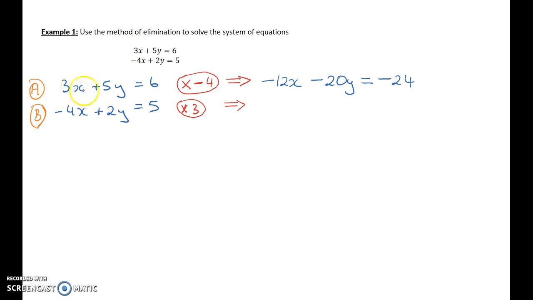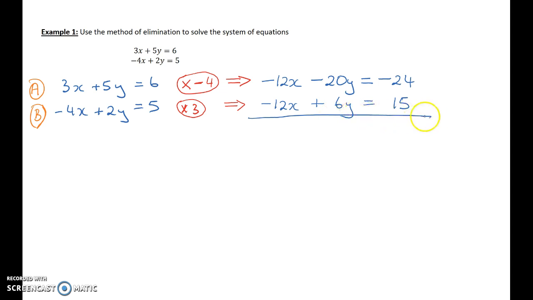The top line by negative 4, the bottom line by 3. So negative 4x by 3 is negative 12x, 2y by 3 is plus 6y, and 5 by 3 is 15.